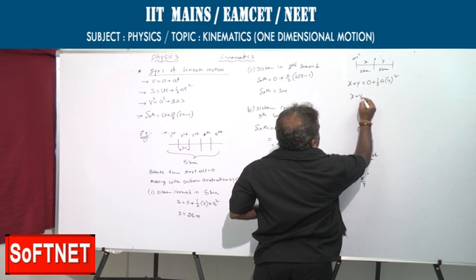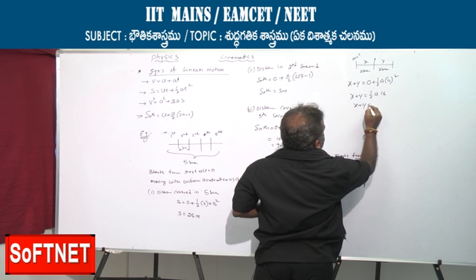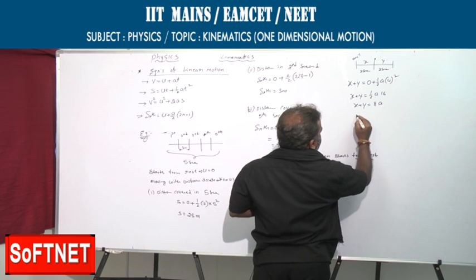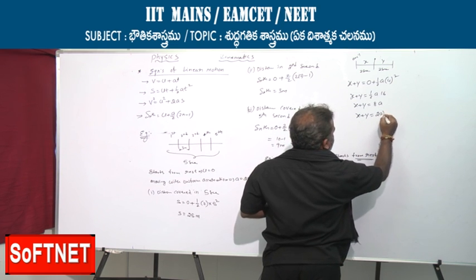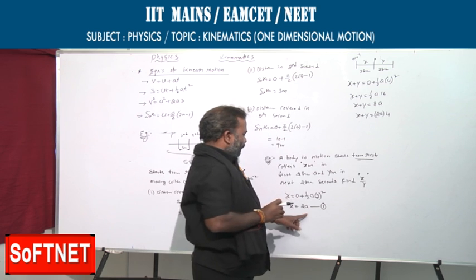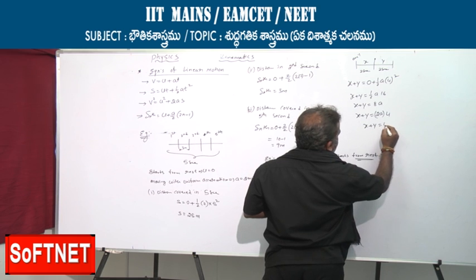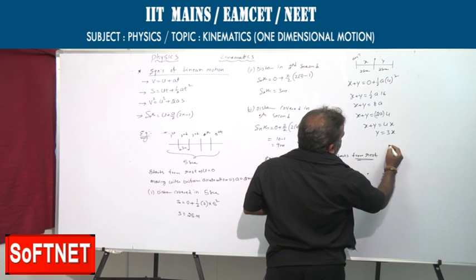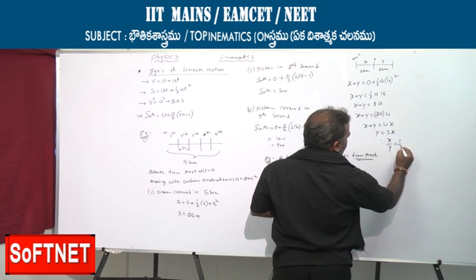So x plus y is equal to half a 16 or x plus y is equal to 8a. Already we got x is equal to 2a. So I'll write this as x plus y is equal to 2 into 2a into 4. So what is the 2a value? 2a value is x. So now I can write this as x plus y is equal to 4x. So y is equal to 3x. Therefore, what is the value of x by y? Therefore, x divided by y is equal to 1 by 3.